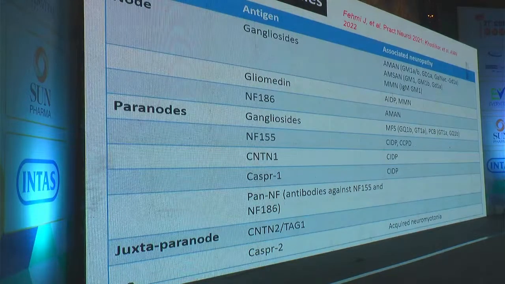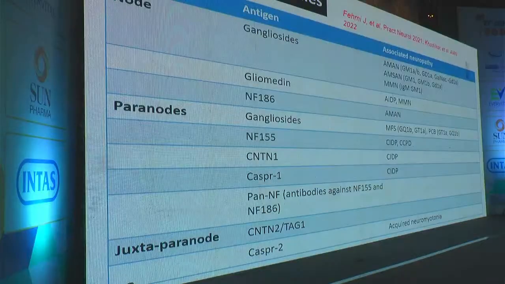So the CIDP-like presentation of this nodopathy is prominently seen with neurofascin 186, neurofascin 155, contactin antibodies, and Caspr antibodies, which can present like a CIDP, where you will not get a concurrent temporal dispersion for that conduction block.